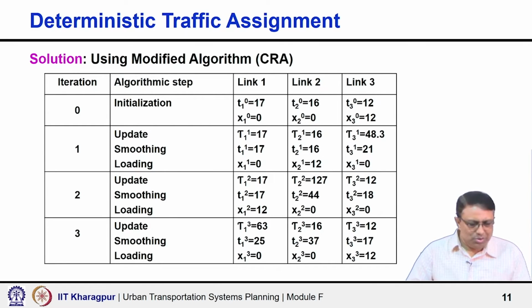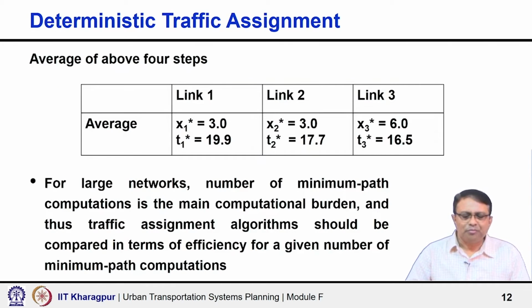Like that we do all the 4 steps and then calculate the average flow and average time. Average flow first and then with that average flow what is the actual travel time. You can see it is not exactly equal, but definitely a much better solution.